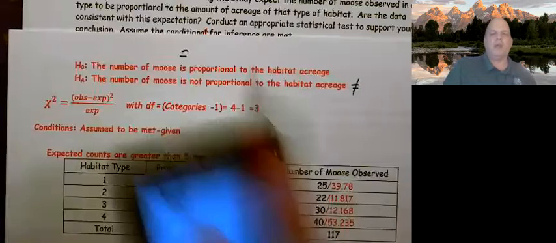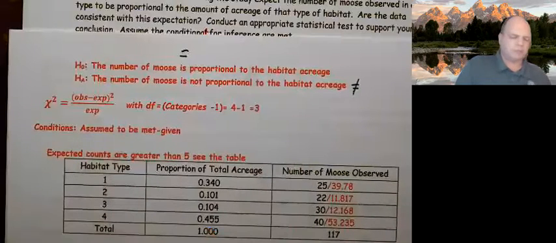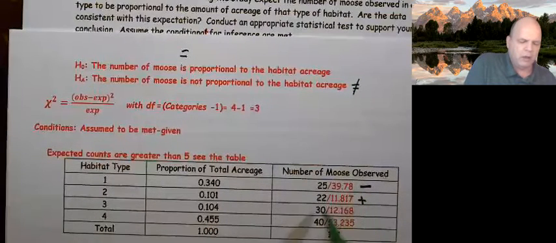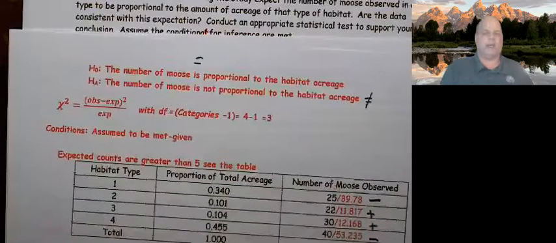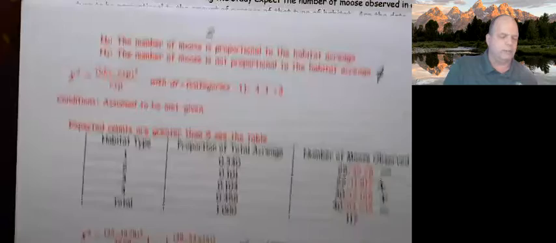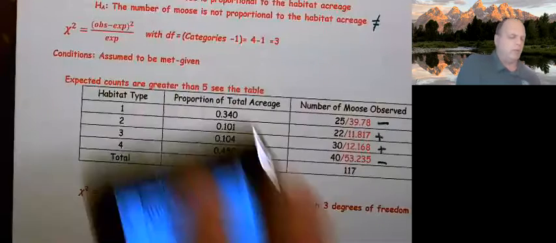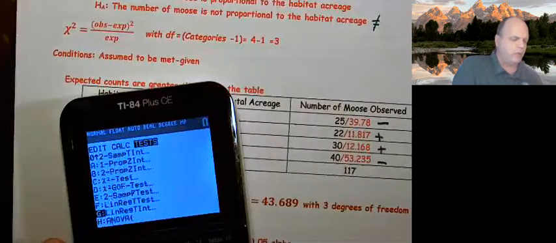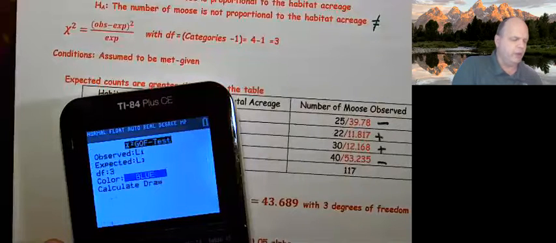One thing to notice: we had less than was expected, we had more than expected, we had more than expected, and here we had less than expected. We'll get back to that later, but I want to make that note. So I'm going to go ahead and run this. Stat test, chi-squared goodness of fit test, L1 and L2.